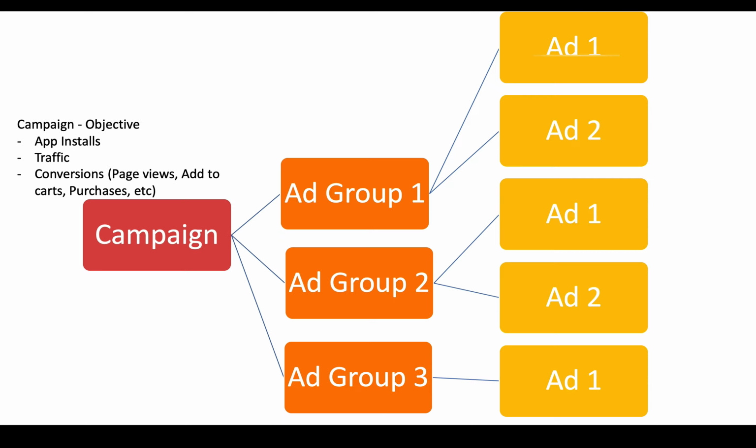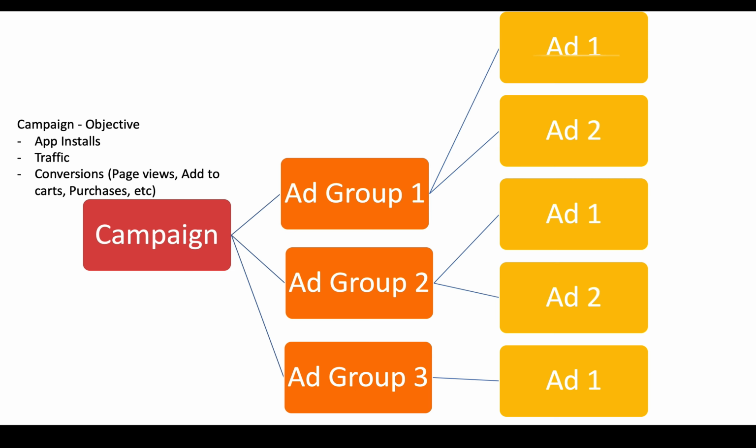By conversions, we mean you want some activity on the website. So, for example, somebody seeing your page, your landing page or your product page, that is a conversion. Somebody adding your product to cart, that is also a conversion. Somebody making a purchase, even that's a conversion. So, conversion is not necessarily a purchase, but any specific activity that you want to happen on your website.